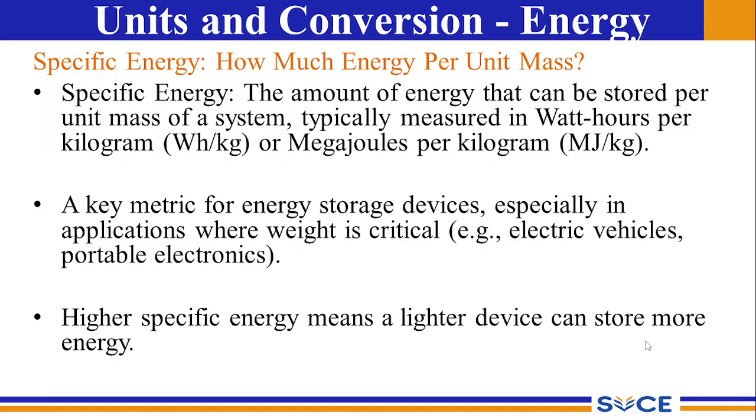As already discussed before, it is a key metric for energy storage devices, especially applicable for EVs and portable electronics, because for portable electronics the key thing is about it being portable. So weight plays a major role. Higher specific energy means a lighter device can store more energy.